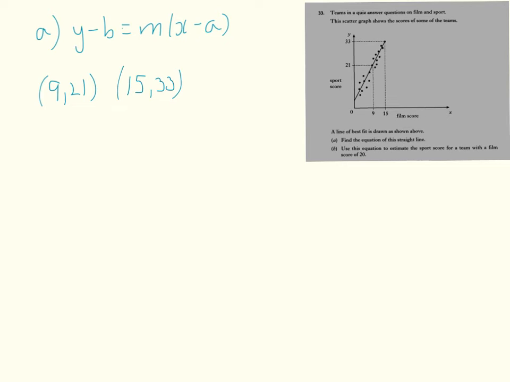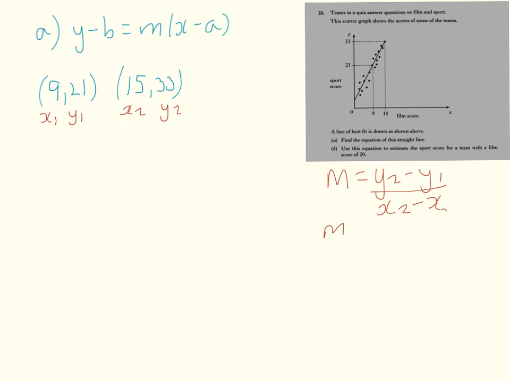So we're not given the gradient, so we need to calculate it. So we're going to be using our gradient formula. Put this over at the side. M equals y2 take away y1 over x2 take away x1. So need to label my points. x1, y1, x2, y2.